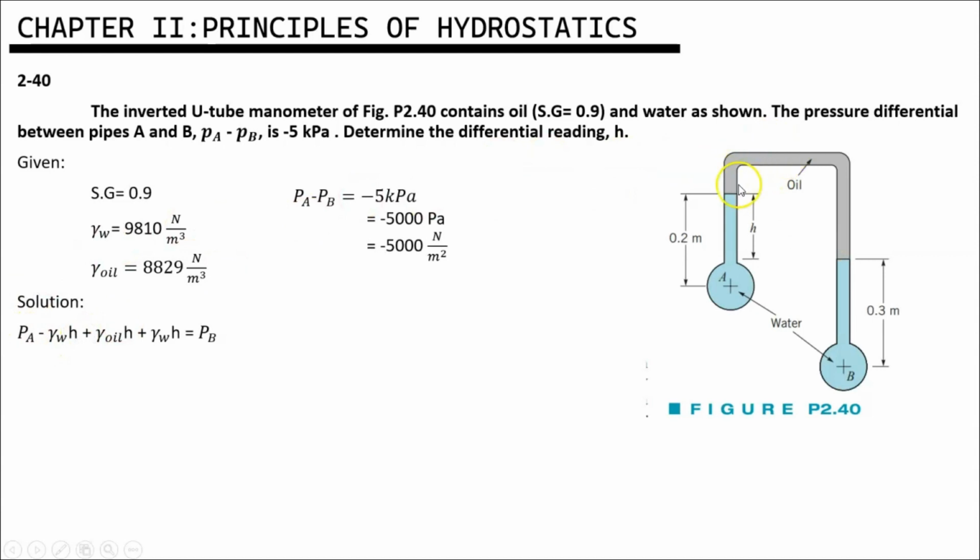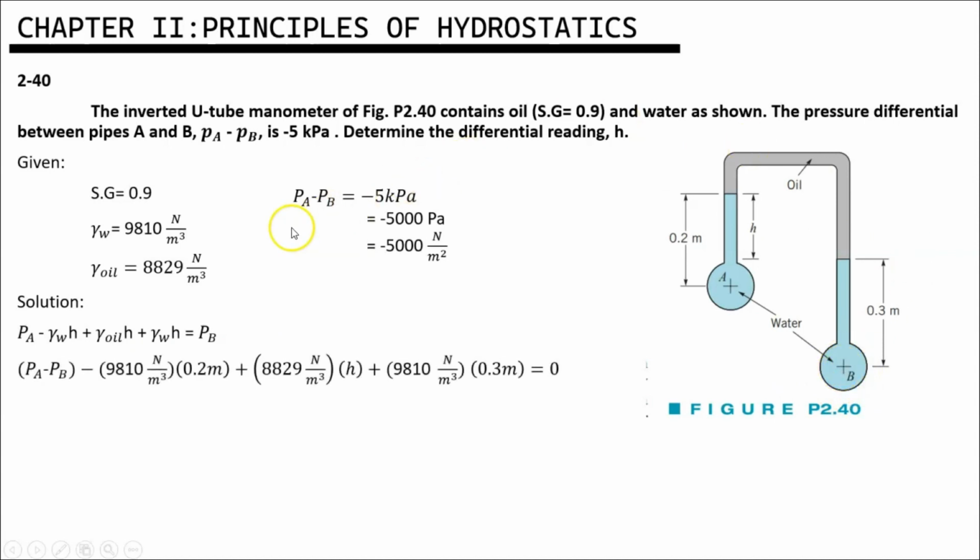And since we are dealing here with oil, it is the specific weight of oil, times H, plus because it is going downward again. Since we are dealing here with water, we have the specific weight of water times the height, which is 0.3, and the end is the pressure at B.